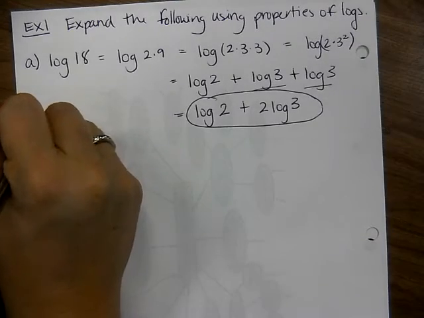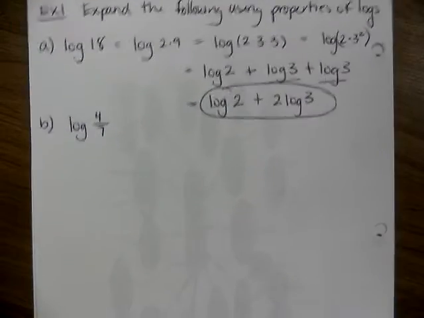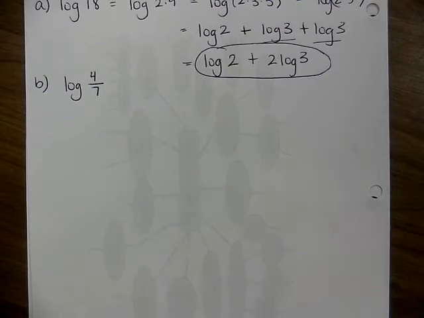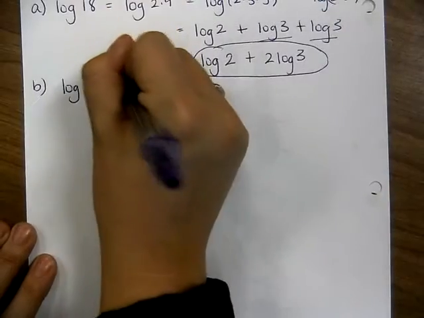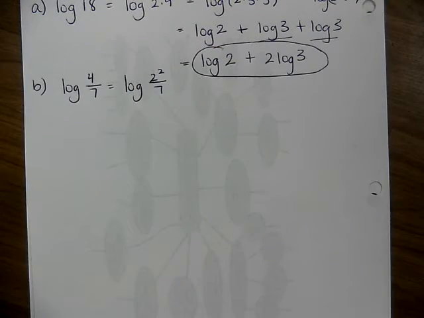How about this one? Log of 4/7. Okay, what is 4 in terms of prime factors? 2 and 2, like 2 squared. So couldn't I rewrite this as 2 squared over 7?